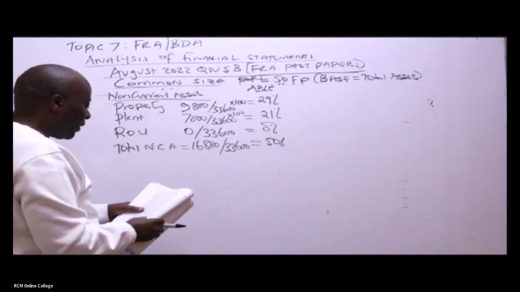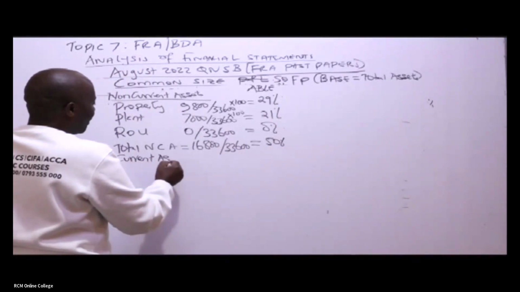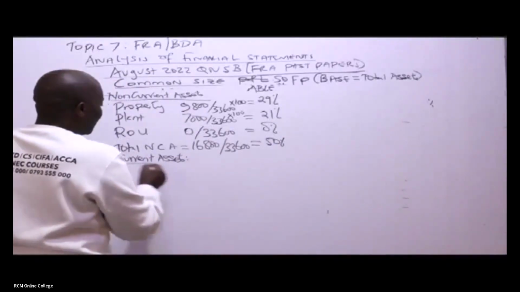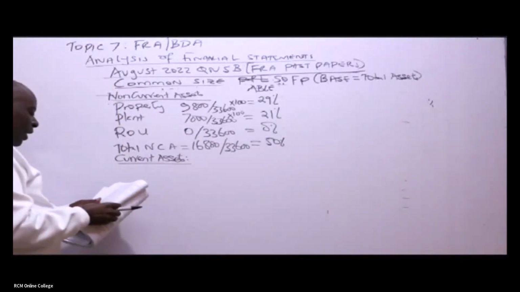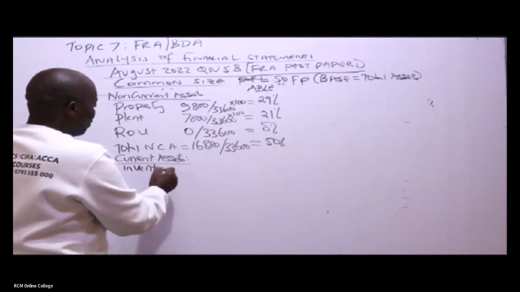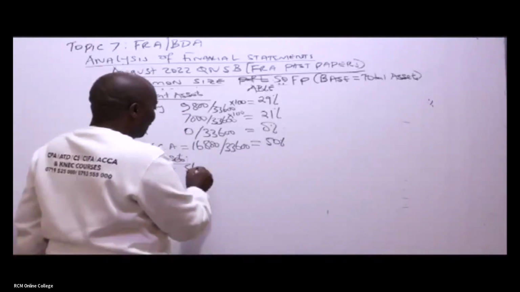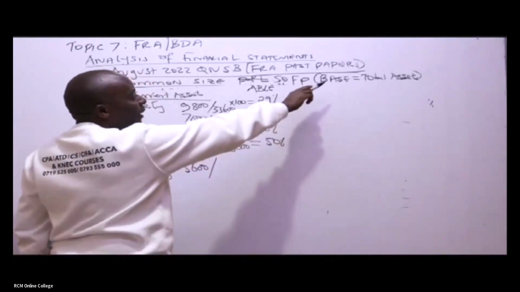So then we go to the current assets. Under current assets, I can see inventory. What figure of inventory am I seeing here? 5,600. I will still divide this by the base.